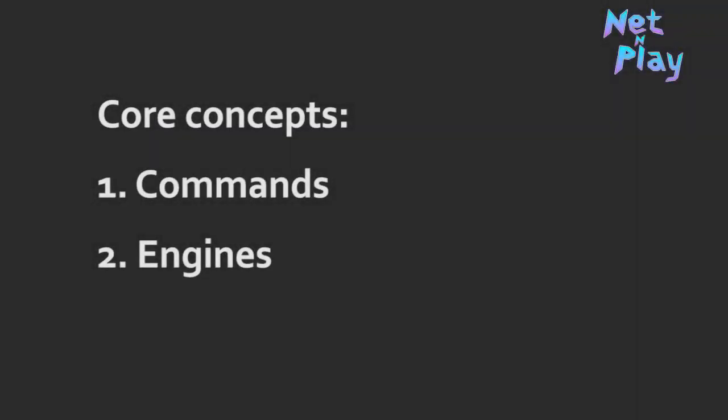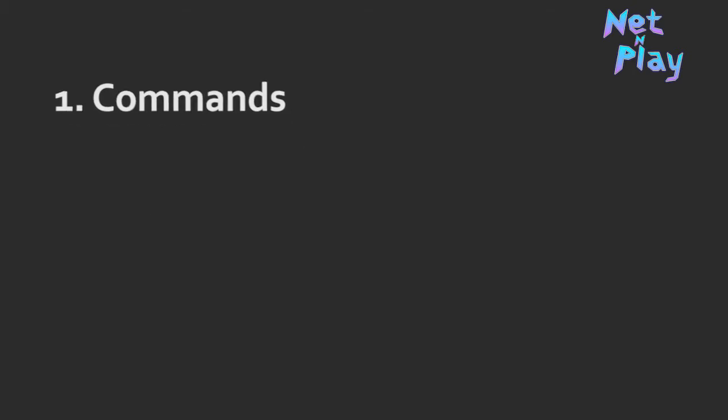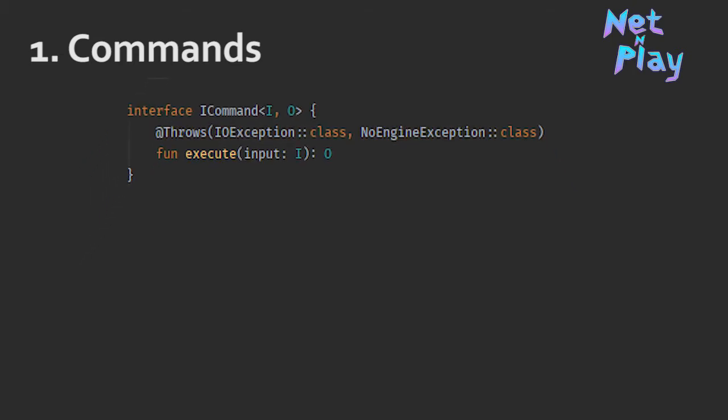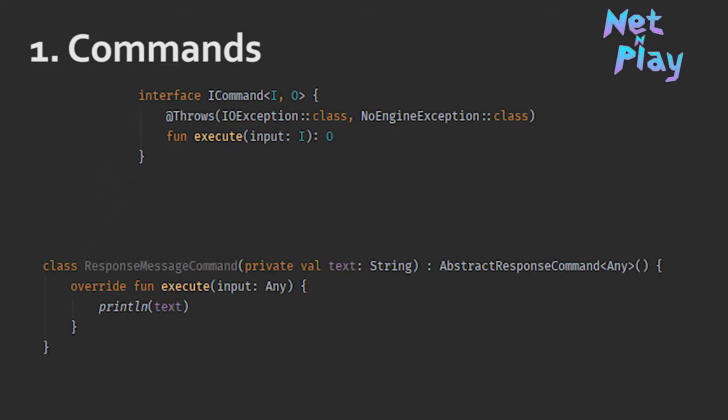There are two main concepts you need to understand to start with this lib: commands and engines. Command is a class which contains only one method, execute. The idea behind this class is that you can extend from it and put the code that you want to be executed on the other side of the network in this method and pass any data you need to execute it through the constructor.